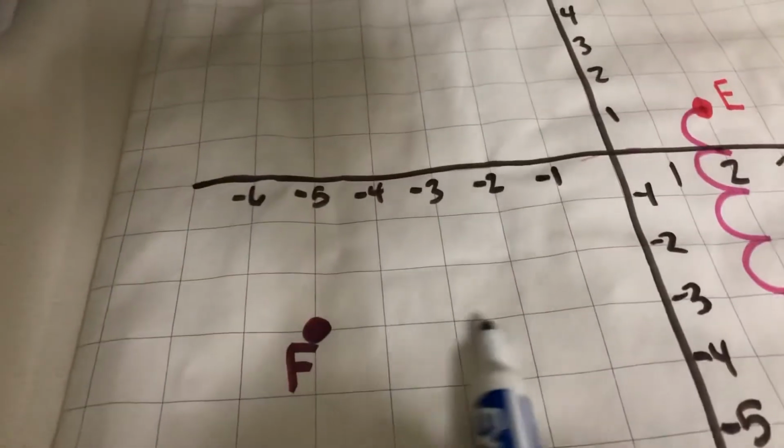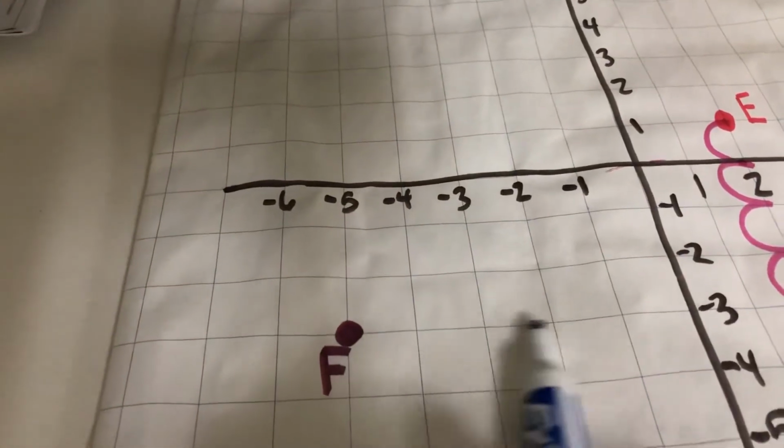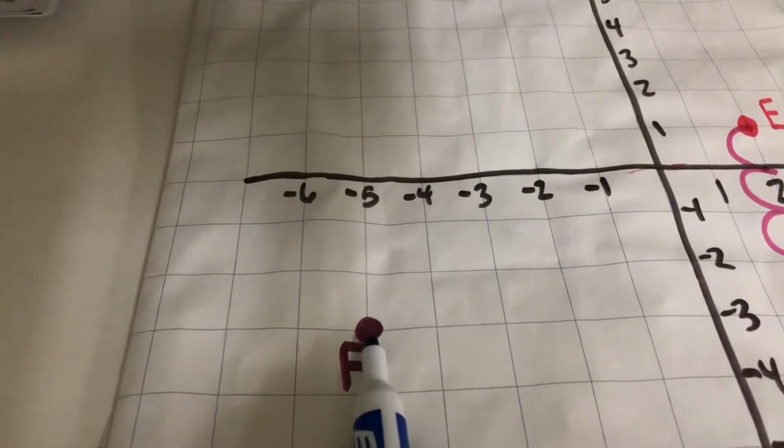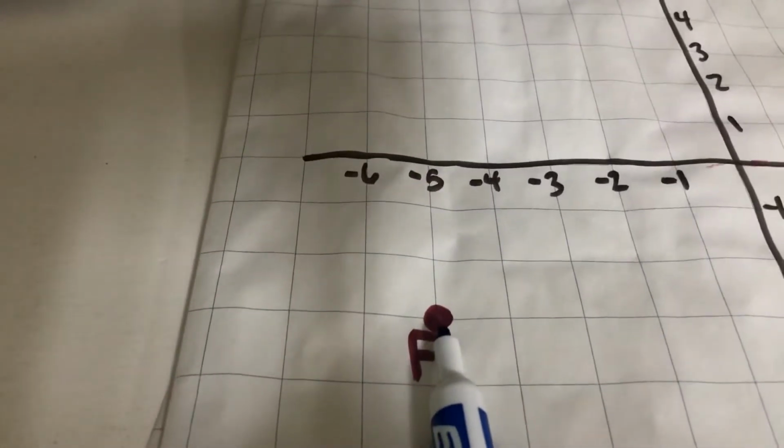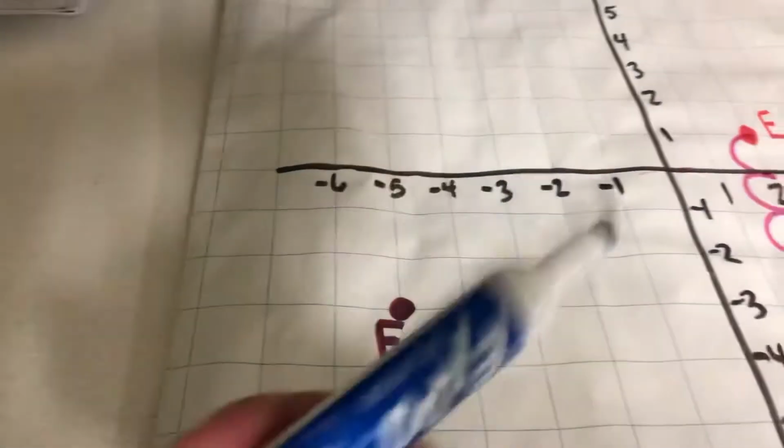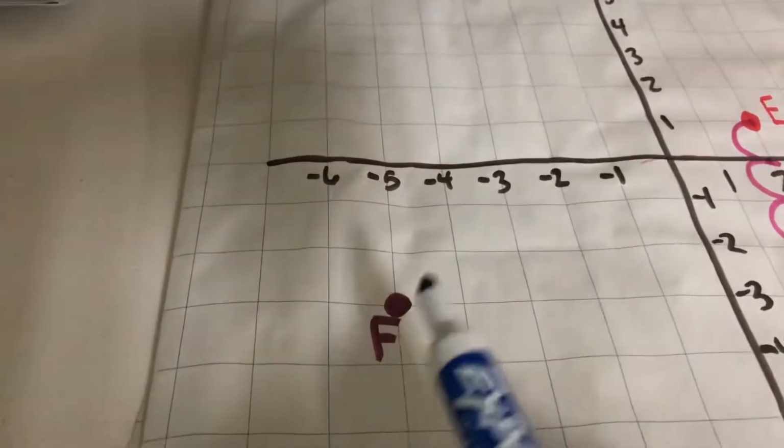So let's go back to my original space here. Here's my f. I want to keep it on the -3 because it's telling me that my y stayed the same. See, my y stayed the same. My x went +2. So plus means going to the right. Plus means getting bigger.